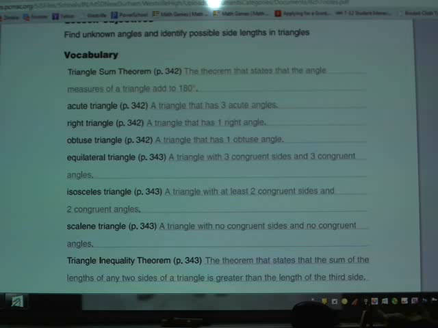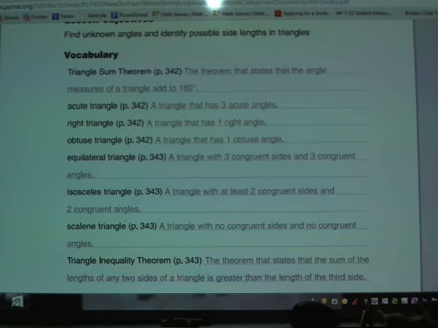A right triangle is a triangle that has one right angle. Now it can't have more than that. Think about it. What is a right angle? 90 degrees. How many angles does a triangle have? 3 angles. So let's just say I could even have 2 right angles there.